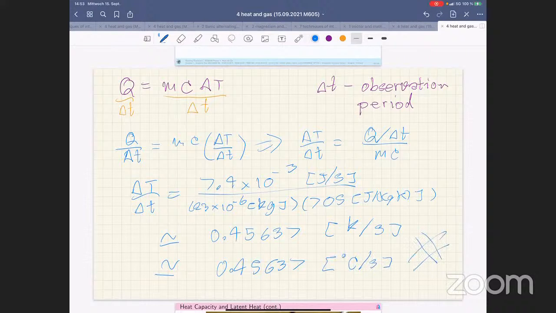And yeah, that's the result. And you know that it's not simply the temperature change. It's not Kelvin or simply Celsius, but it's any scale of temperature per time, which is per second. All right. If you have any question, just let me know.